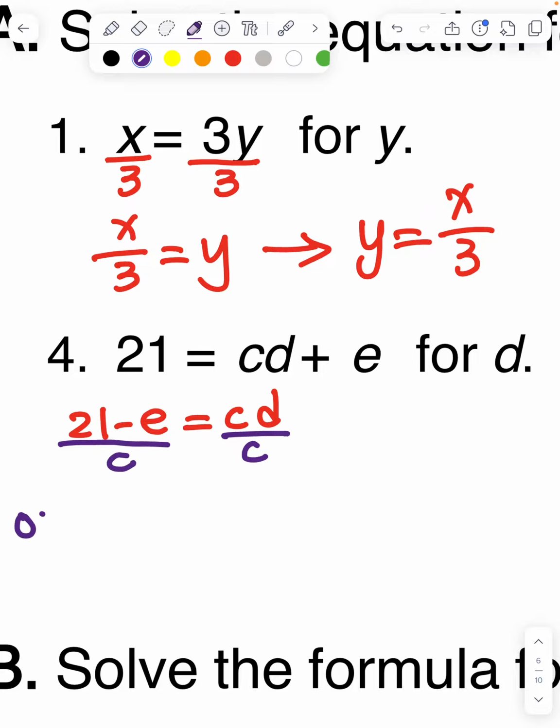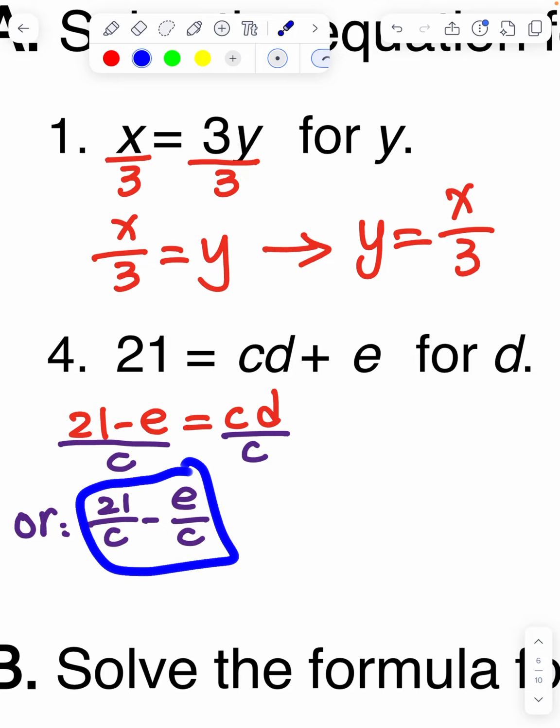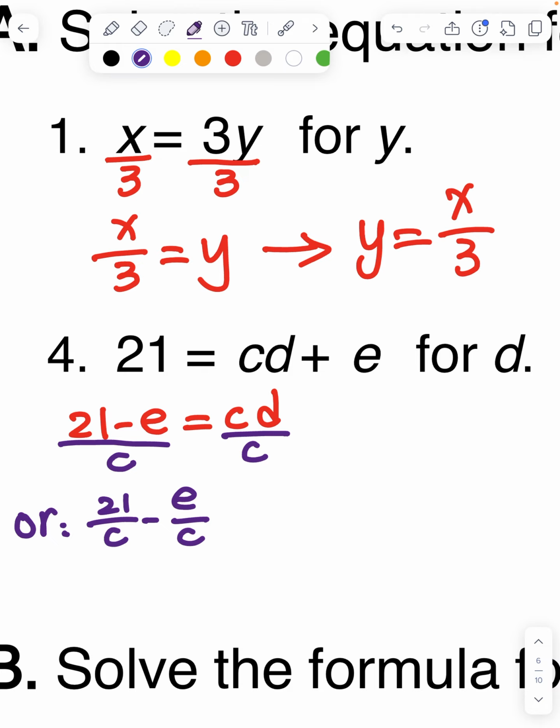21 divided by C, E divided by C. You can write it either this way, or you separate each term, each term divided by C, right? C divided by C, that's 1, cancel out.